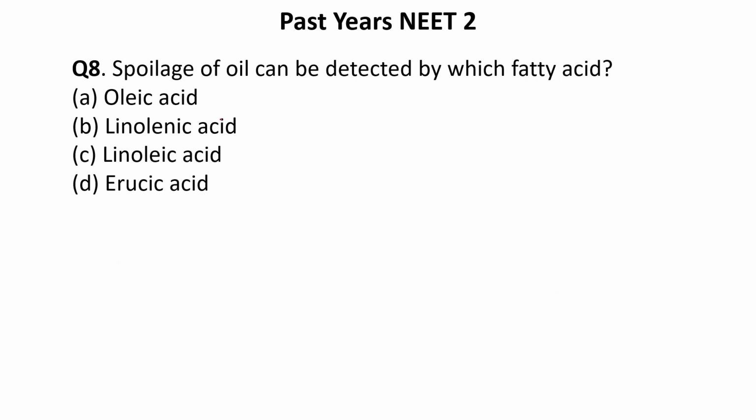Next question. Spoilage of oil can be detected by which of the fatty acids? Oleic acid, linolenic acid and linoleic acid, and erucic acid. So this erucic acid is an acid which gets spoiled, and it can be detected by its foul smell.